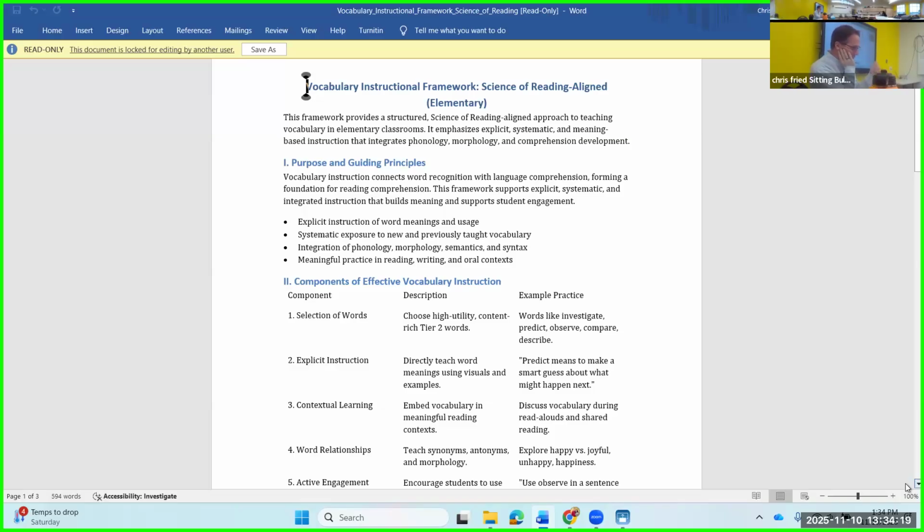Guiding principles within their explicit instruction: systematic exposure to new and previously taught vocab words, because we know there can be connections to things that we know and new words, and the more we can connect kids' past learning or what they already know to new things, the better chance they will be engaged with it. Then integrating phonology, morphology, semantics, and syntax, and meaningful practice in reading, writing, and oral context.